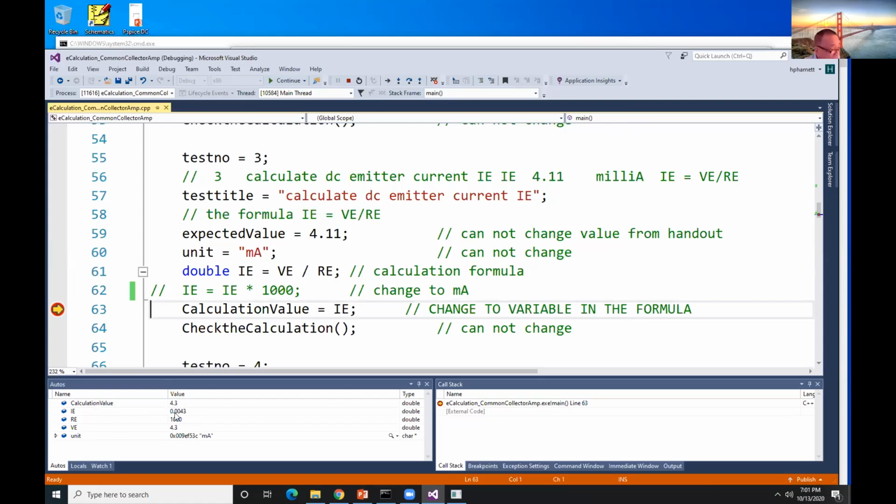Then you can find out it looks like this will be in amperes, not milliamps. So that's why you need to change it to milliamps. When you're able to debug, any problem will be easy to fix.